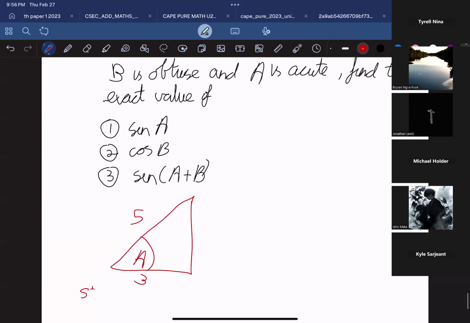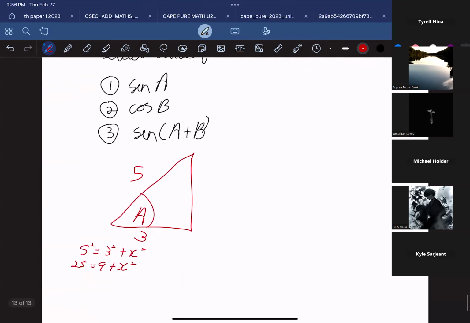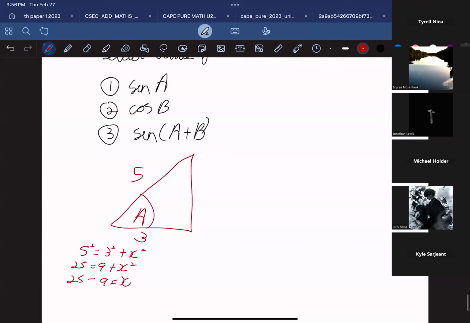So 5 squared is equal to 3 squared plus x squared. 25 is 9 plus x squared. 25 minus 9 is x squared. 16 is x squared, so x is the square root of 16, which is 4. So sine A is opposite over hypotenuse, which is 4 over 5. Good.